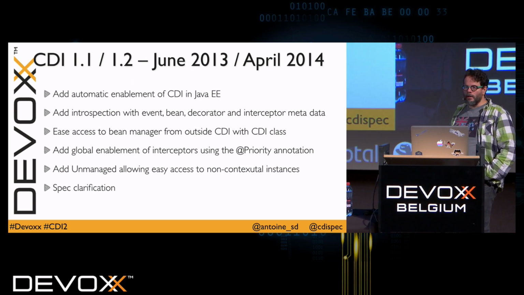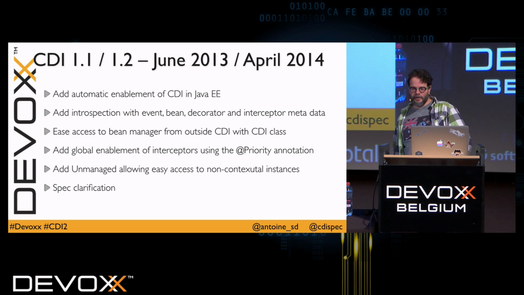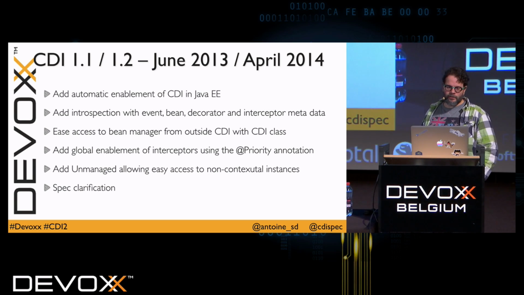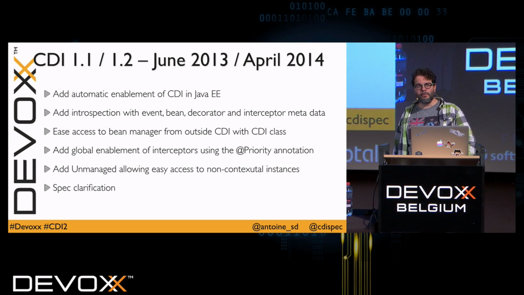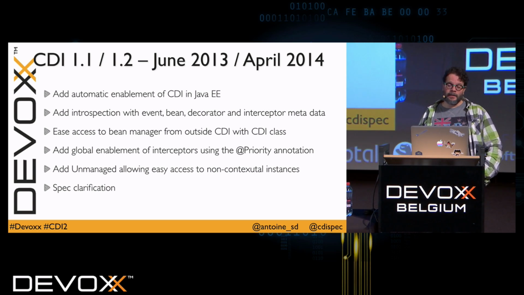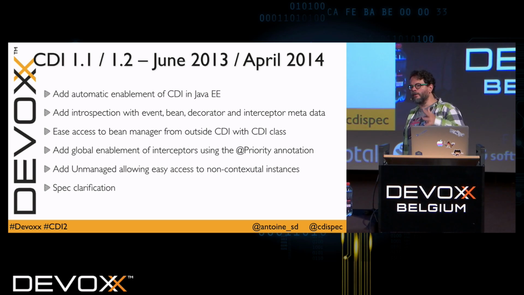After this first release, there was another, smaller release that came with Java EE 7. The first was CDI 1.1. In CDI 1.1, we added features like automatic enablement of CDI. So in Java EE 7, you have CDI out of the box without adding anything.